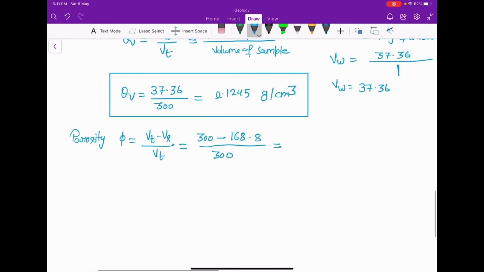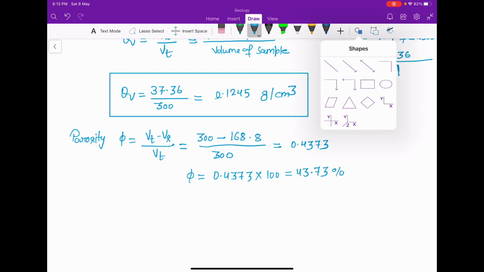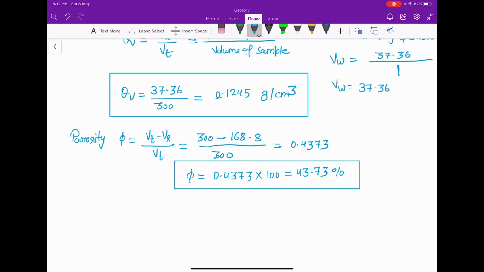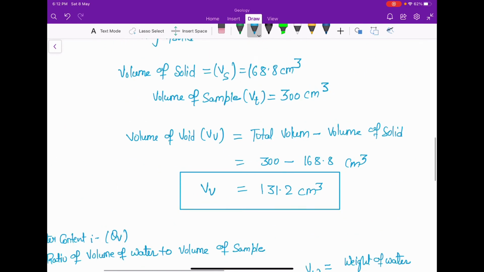That will give 0.4373. So this is the porosity in decimal, and in percentage, 0.4373 times 100 is equal to 43.73%. So the porosity of the sample will be 43.73%.